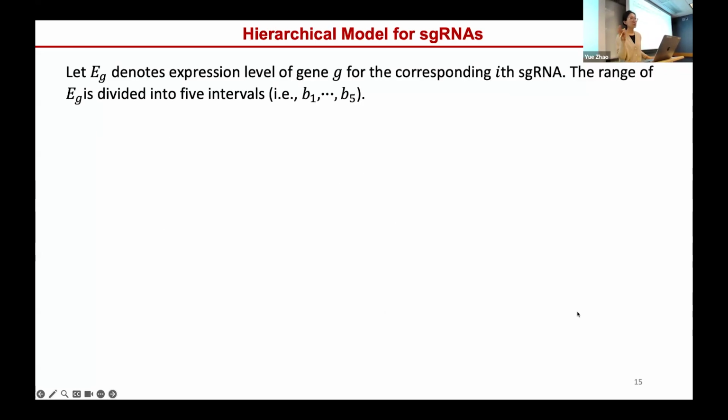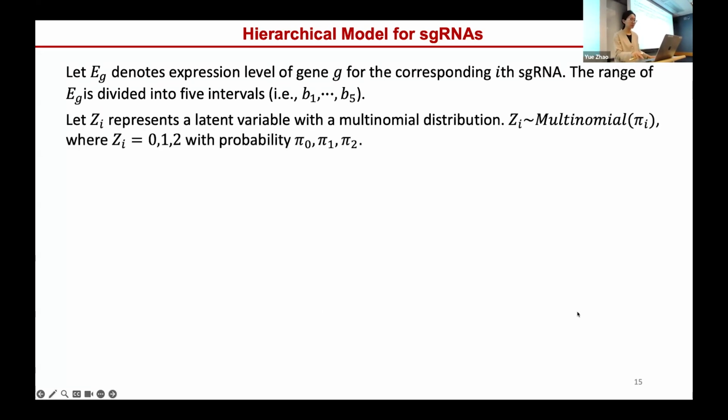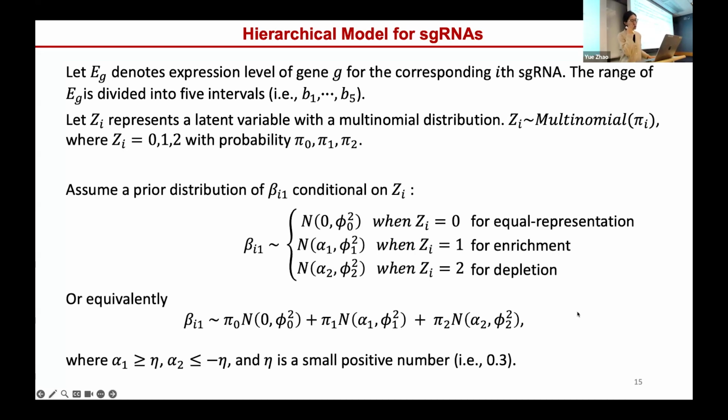And then we started to introduce the expression data. Let E_g denote the expression level of the gene. The range of E_g is divided into 5 intervals. And we introduce a latent variable and assume it follows a multinomial distribution. So the log fold change will follow a normal distribution with mean 0, representing the equal representation case where there's no change.